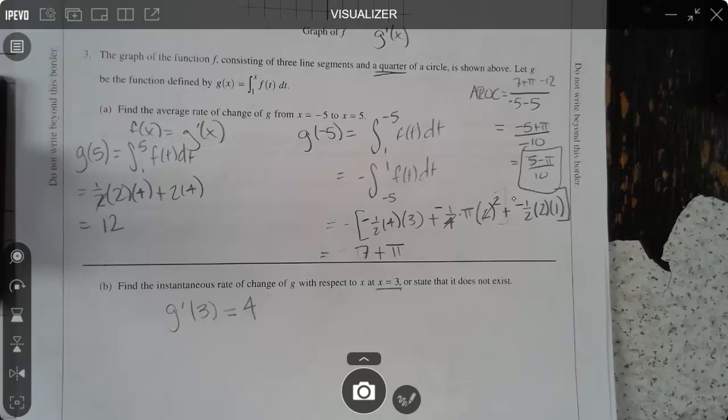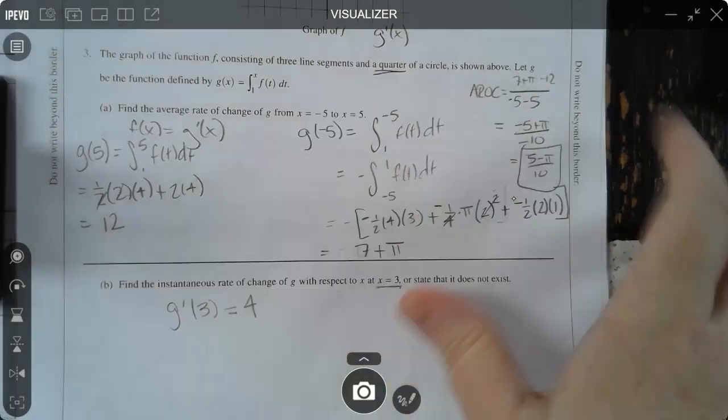I know, but you didn't. You put f prime of 3 equals d and e. Where did that come from? The graph was the derivative.